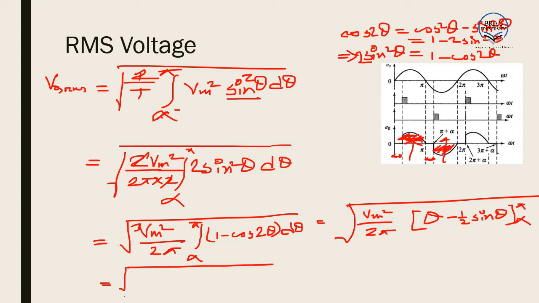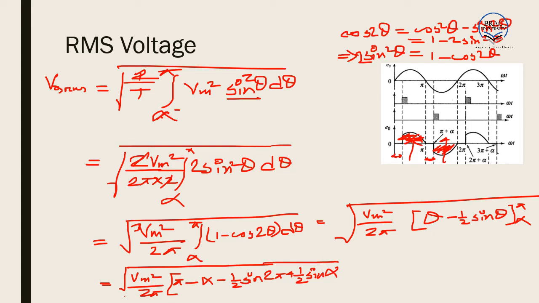So we can modify it as Vm square by 2 pi. For theta we have pi minus alpha, minus half sine 2 pi plus half sine 2 alpha.